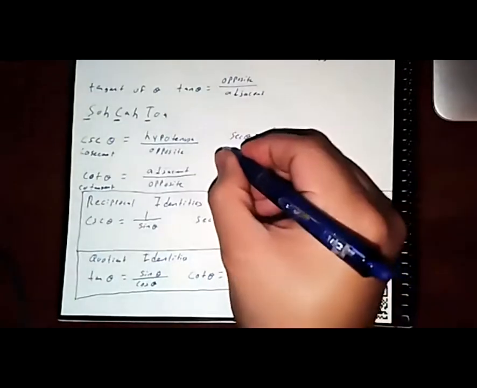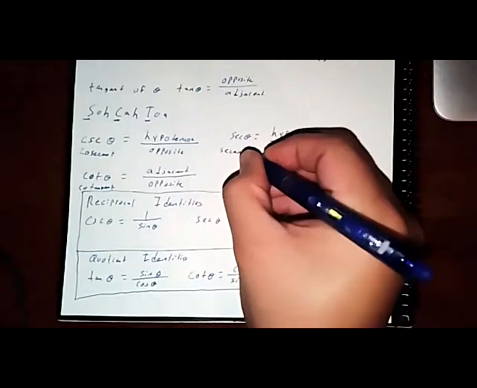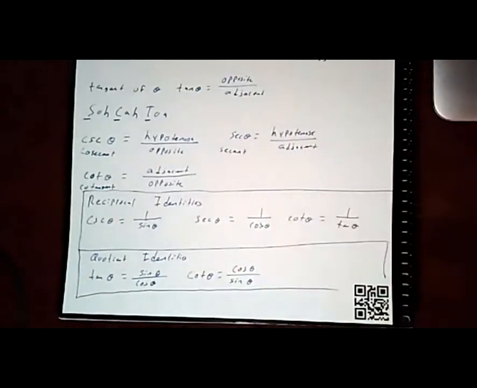And then this is, of course, secant. Any other questions before I move on to the next set of identities?